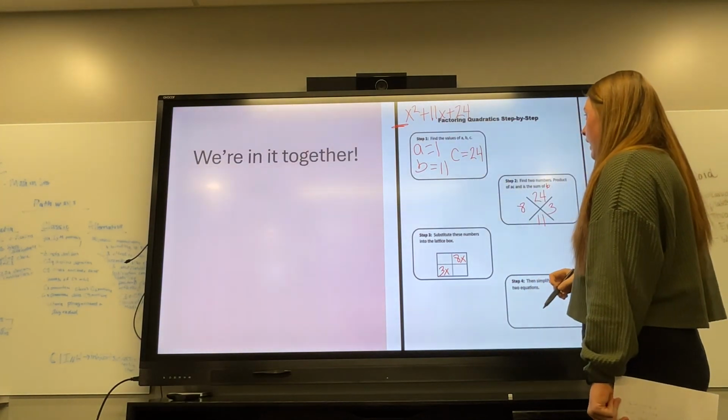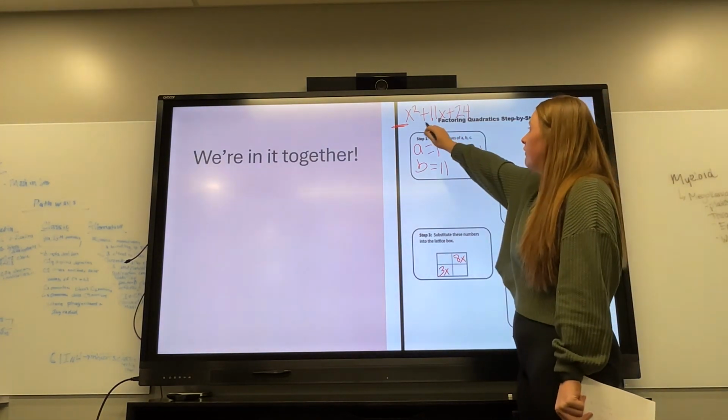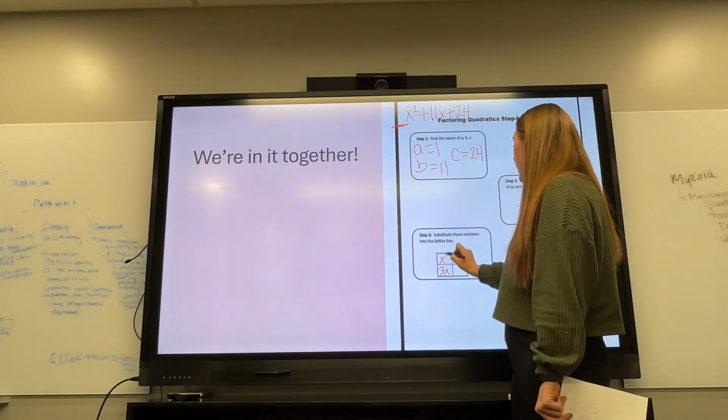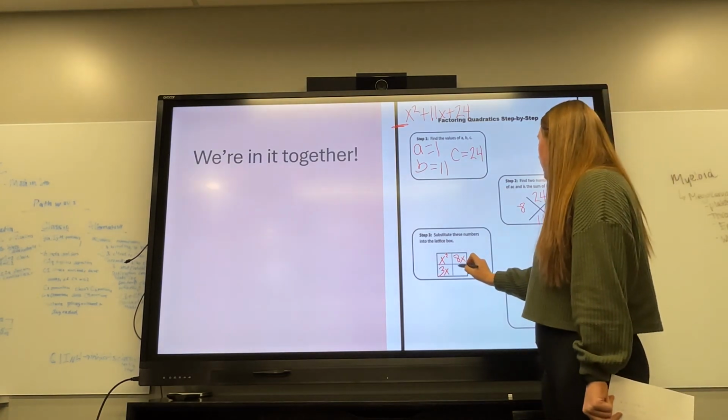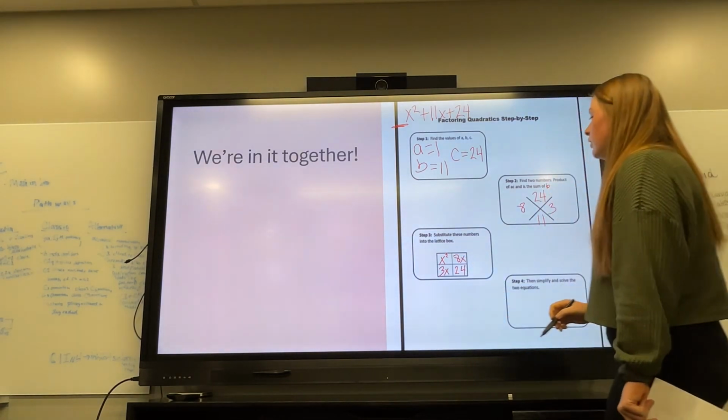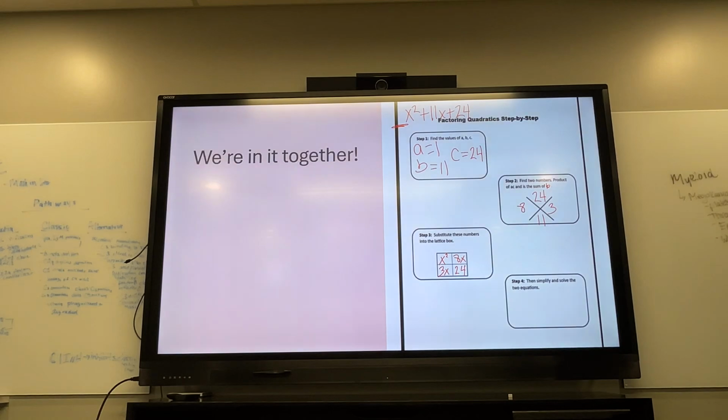Okay, now we have to put our other parts of this equation up here. So we have our x squared, which always goes up here in this top left box, and then 24, which goes right here.